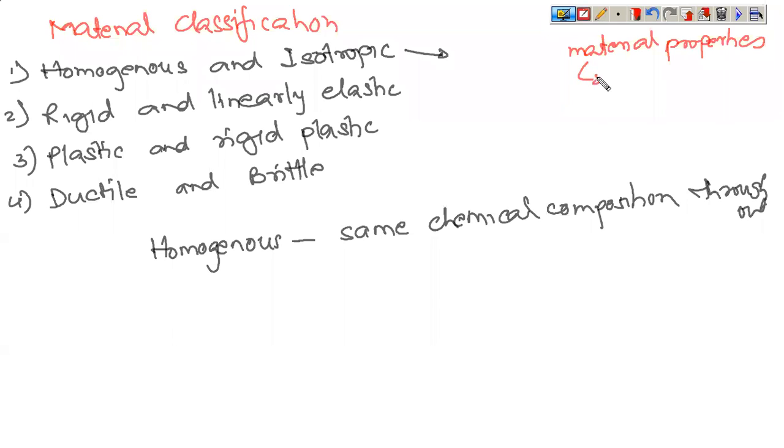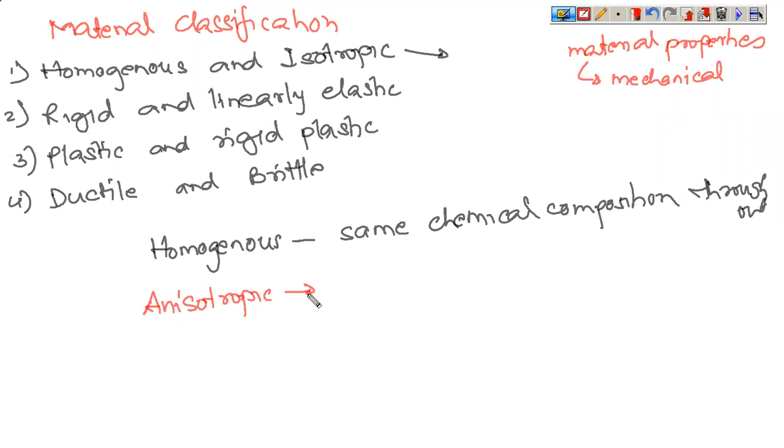Material properties again means mechanical properties. It has the same mechanical properties in all three directions or all three planes, x, y, z plane. The opposite of homogeneous is non-homogeneous, and the opposite of isotropic is anisotropic.